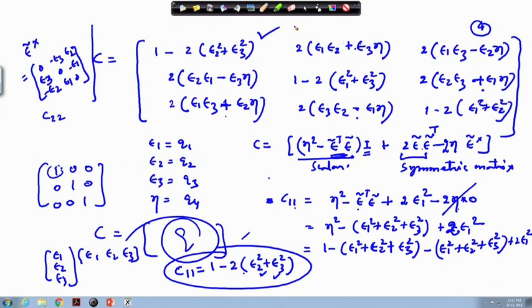The same way we can look for the other terms. So, here in this matrix, if you are looking for the C 1 2, this is the term which is C 1 2, this is C 1 1. So, for C 1 2 again we look for the I matrix. So, in the I matrix, this quantity is 0. So, if this scalar gets multiplied by this 0, that is 0.